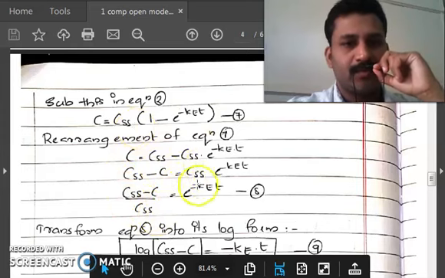First simplification, then rearrangement. So you will get CSS minus C divided by CSS is equal to e raised to minus Ke into T.